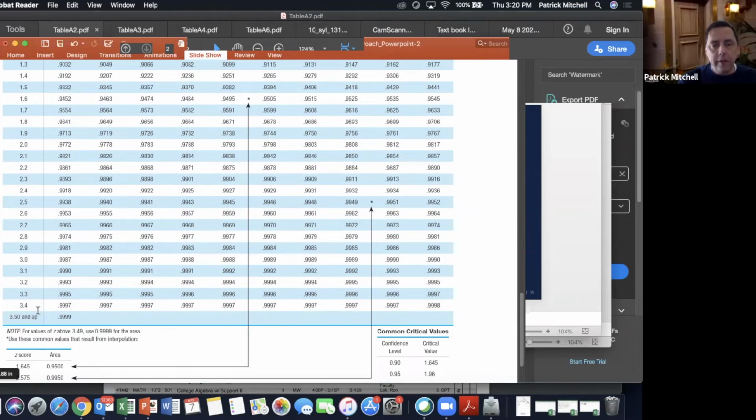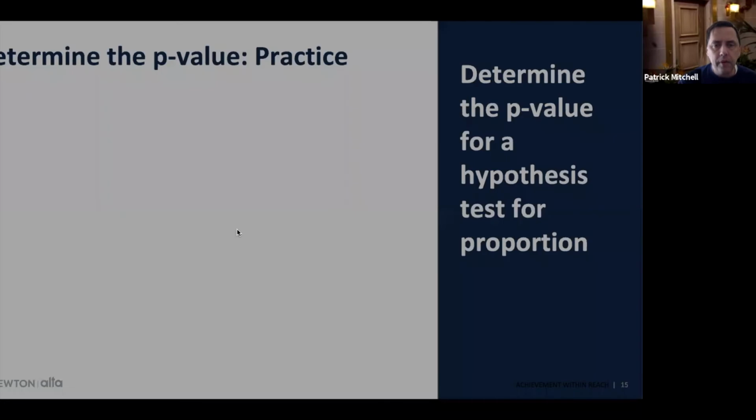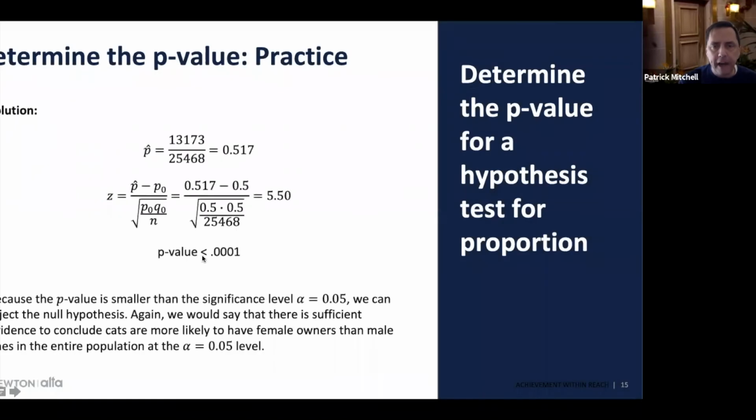So what we say about the p-value, if we're using the table, is that the area to the left of 5.5 would be greater than 0.9999, which means that the area to the right of 5.50 would be less than 0.0001. All right, that's how that works. So that's why I say here my p-value is less than 0.0001.